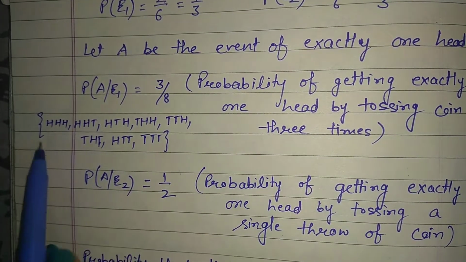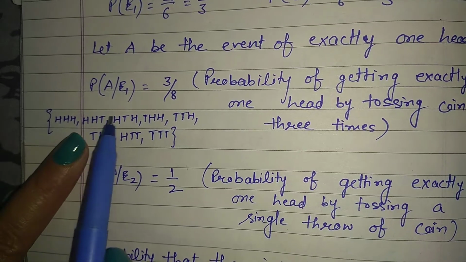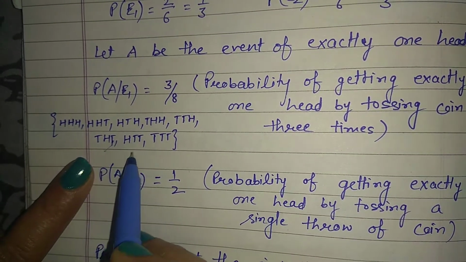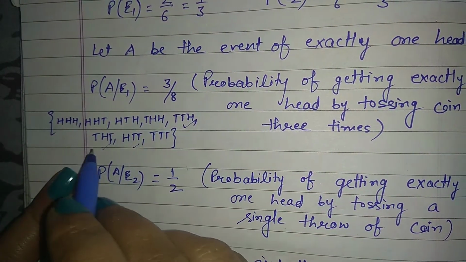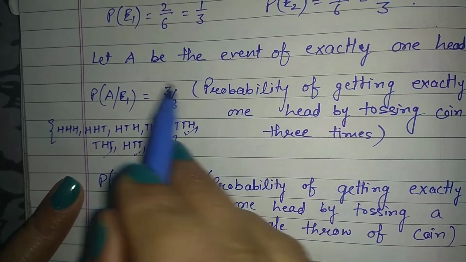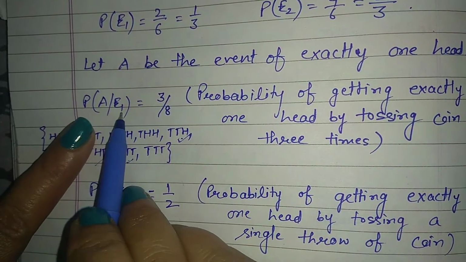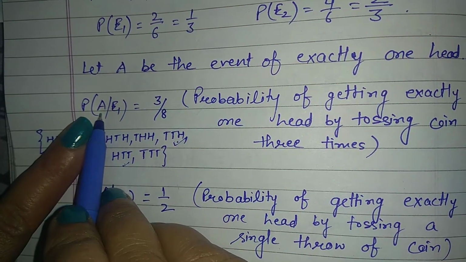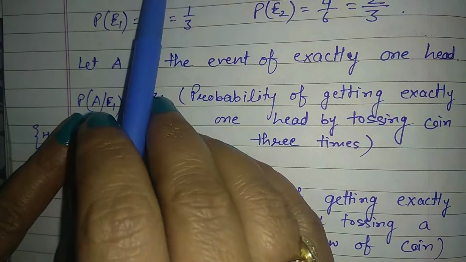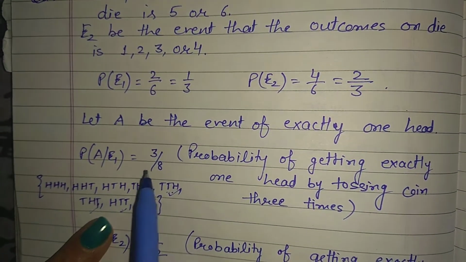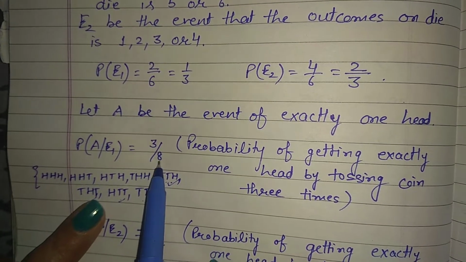It means 8 outcomes are there, and we want exactly one head. So exactly one head cases are these three, and total are 8. Then P(A|E1) means A, the event of exactly one head, given that 5 or 6 comes. It means she tosses a coin 3 times, so the probability is 3 upon 8.